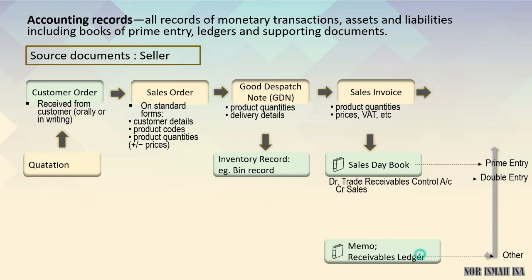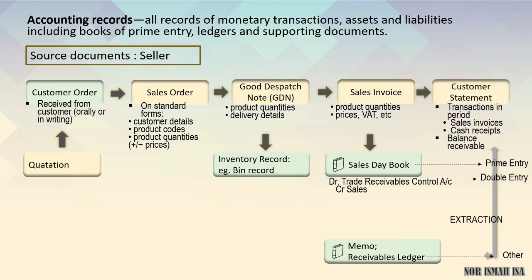At the end of the month, the seller will extract from the receivable ledger the debts of each receivable and produce a customer statement. In this statement, it will show details about sales invoiced, credit notes, cash receipts, and a balance for the receivable for that month.